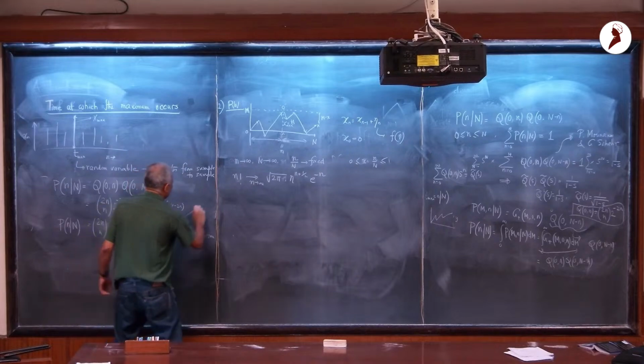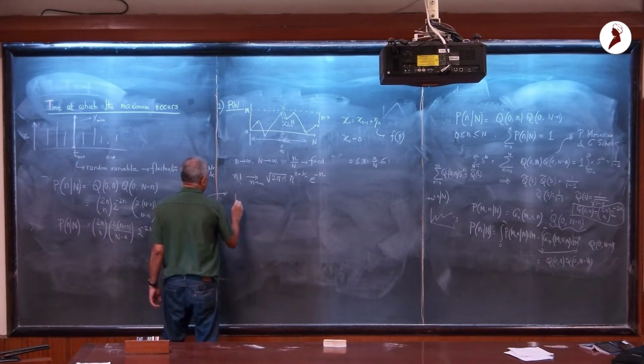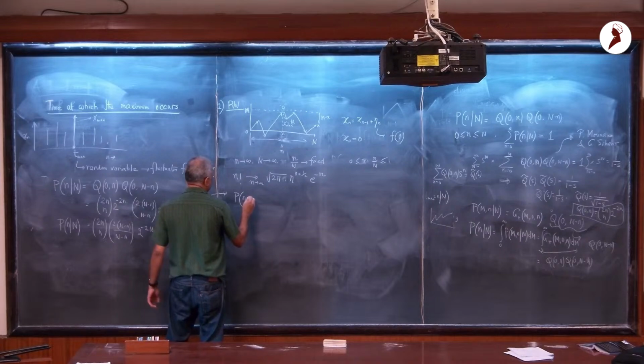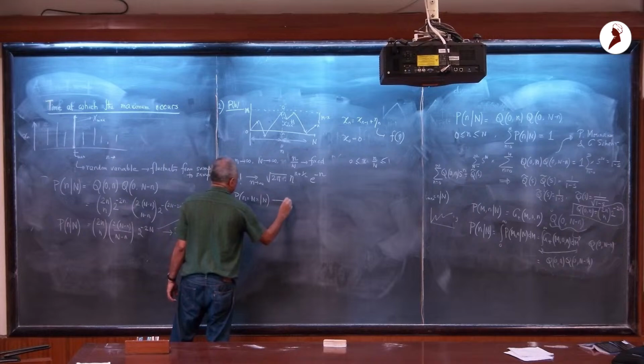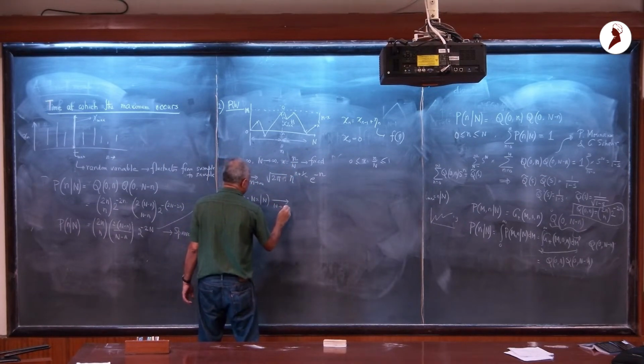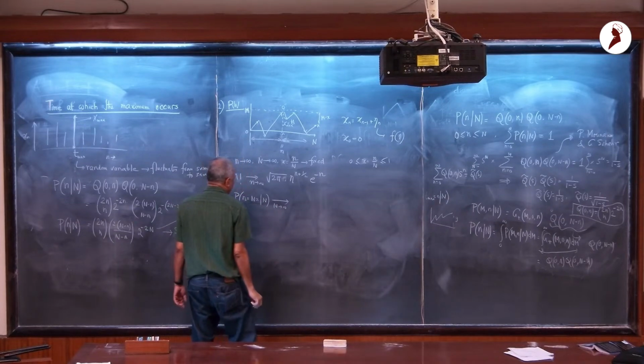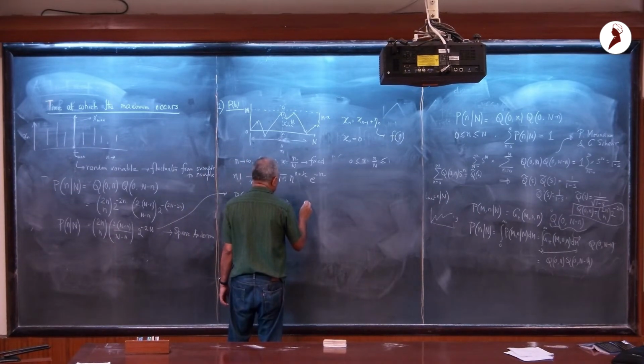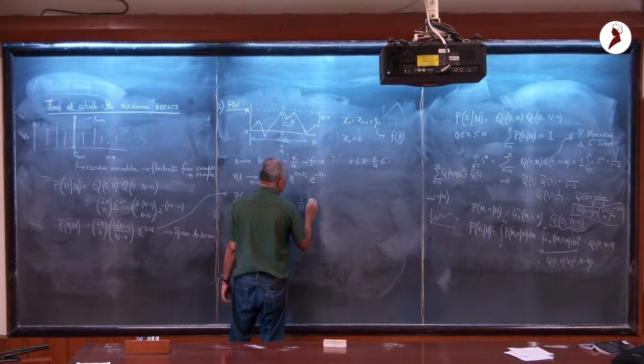And this I leave as an exercise. If you work it out, so you keep this ratio fixed to be x and take the large N limit. And then it actually goes into a scaling form, which is, okay, let me call it some other function, let's call it h.